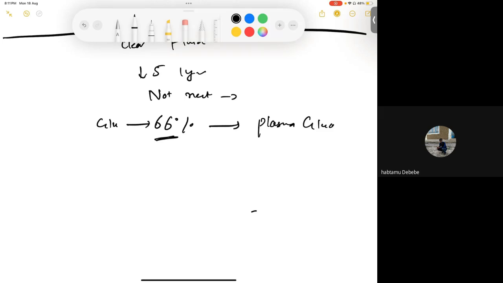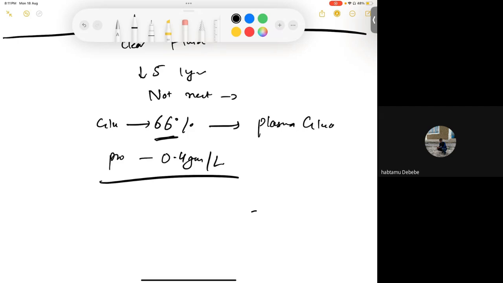So as you compare the concentration of glucose in the CSF with the blood, it would always be less, 66% of that in your plasma. Is it clear? The protein concentration is only 0.4 grams per liter. Is it clear? These are the normal values of your CSF.